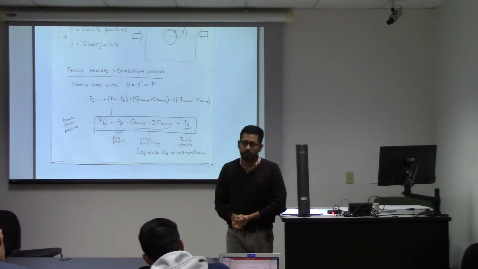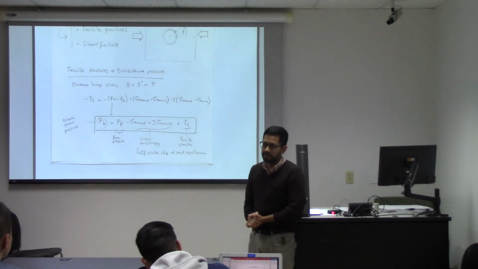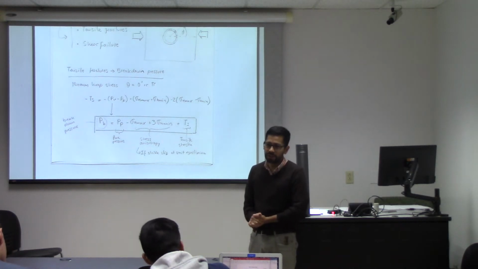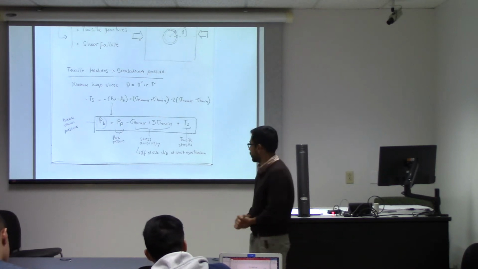You remember that what we did, for example, with normal faulting, effective horizontal stress is about a third of the effective vertical stress. For reverse faulting, maximum horizontal stress is 3 times the effective vertical stress.